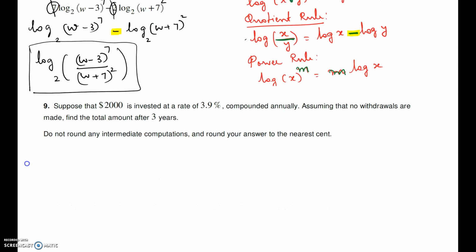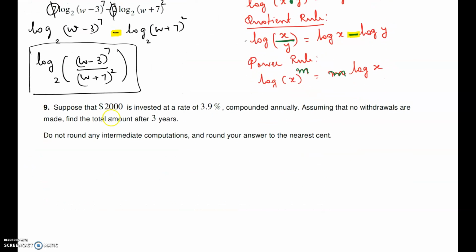Problem number 9. Suppose that $2,000 is invested at a rate of 3.9% compounded annually. Assuming that no withdrawals are made, find the total amount after 3 years. Do not round any intermediate computations and round your answer to the nearest cent.